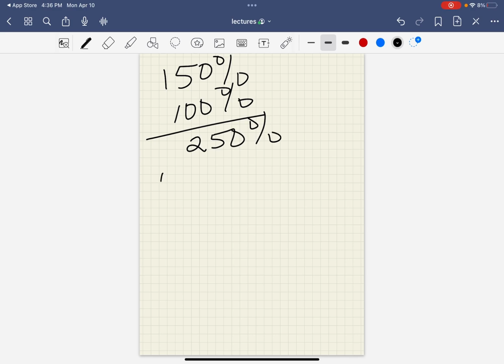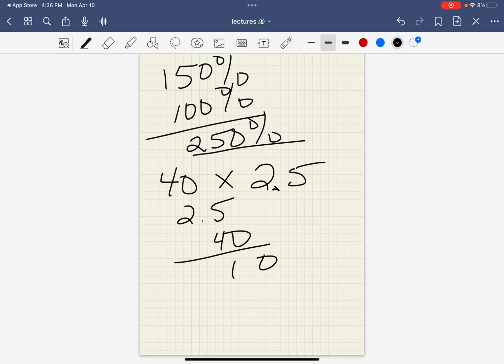So we could take the $40 for the dress and multiply it times 250%, which would be 2.5, and that should give us the cost of the dress, including the markup. So we take 2.5 times 40, move it over one place, there it is, $100. So whichever method you use, it doesn't matter. You're still going to get the same answer. So I'll let you decide which method you want to use.